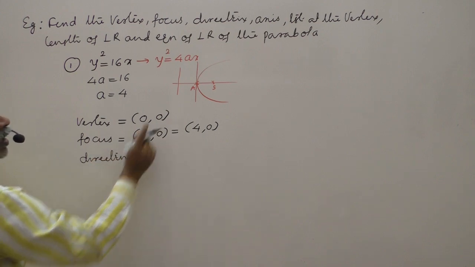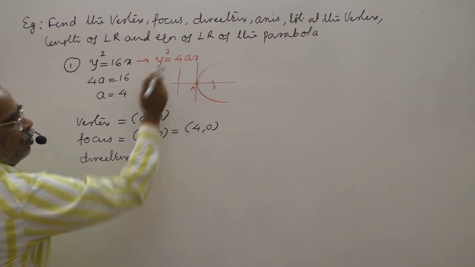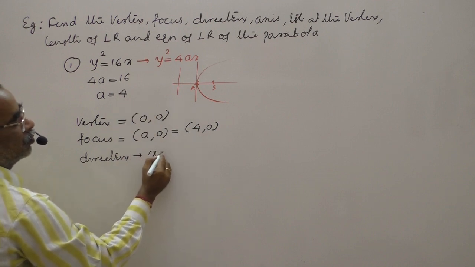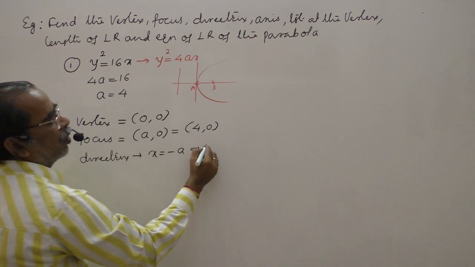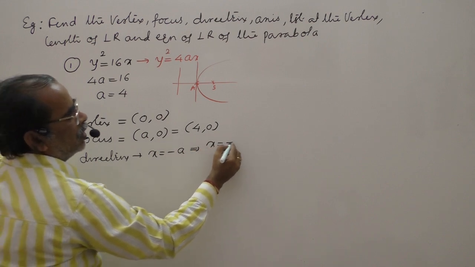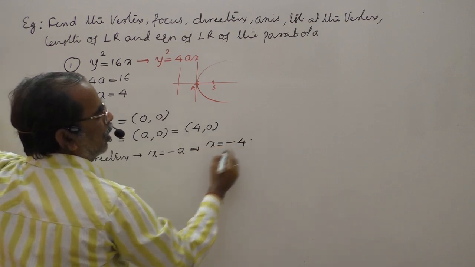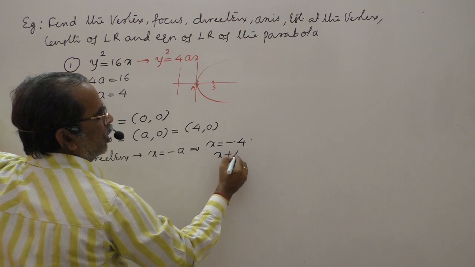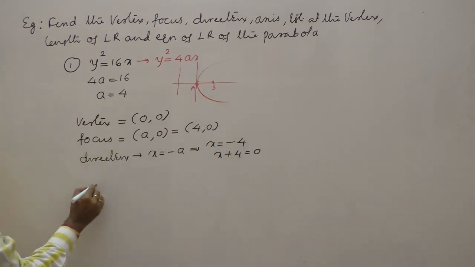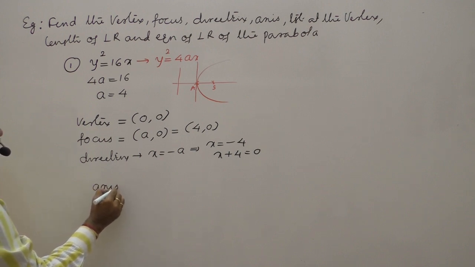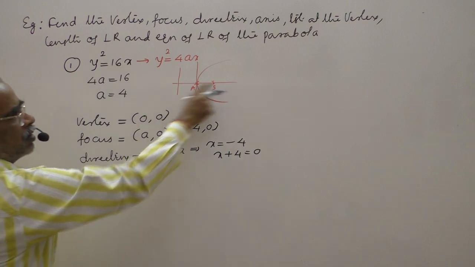What is the directrix for this? X equal to minus a. Yes, in the problem a is 4, no? Therefore, it is x equal to minus 4 or x plus 4 equal to 0. This is the directrix. Next one is the axis. What is the axis for this?